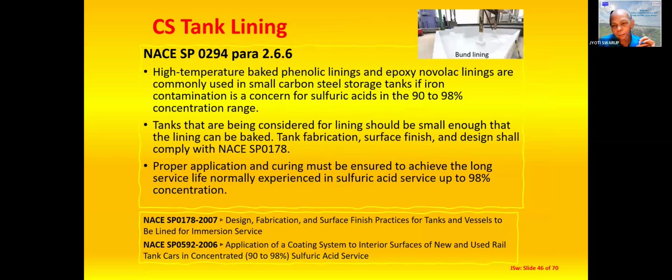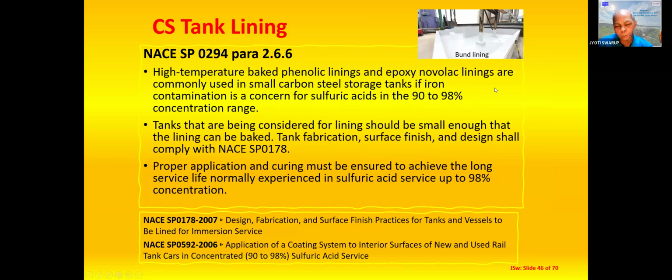So this was generally about the special requirements of sulfuric acid tanks and the applications. Now there is also a possibility of providing lining in the carbon steel tank, and there are certain clauses in the code which say high temperature baked phenolic linings and epoxy novolac linings are commonly used in small carbon steel storage tanks if iron contamination is a concern for sulfuric acid in the 90 to 98% concentration range.